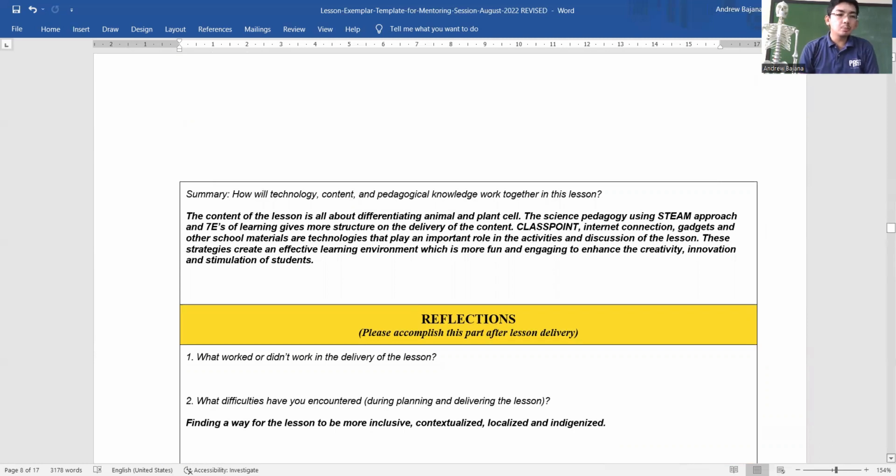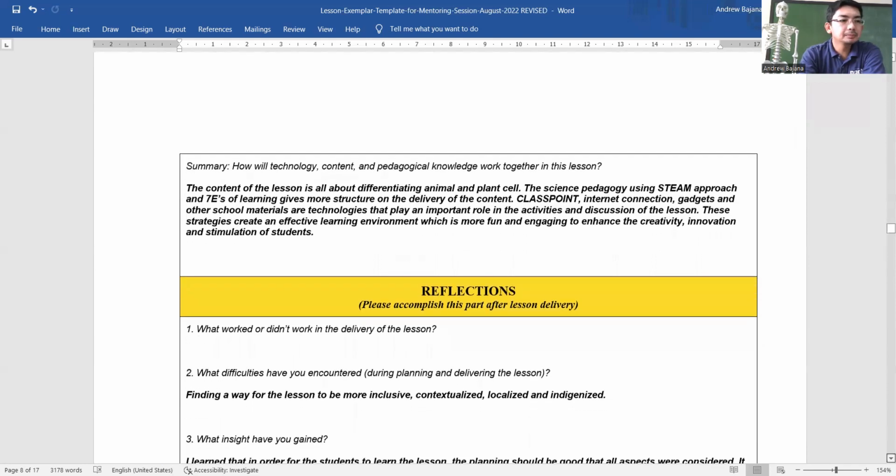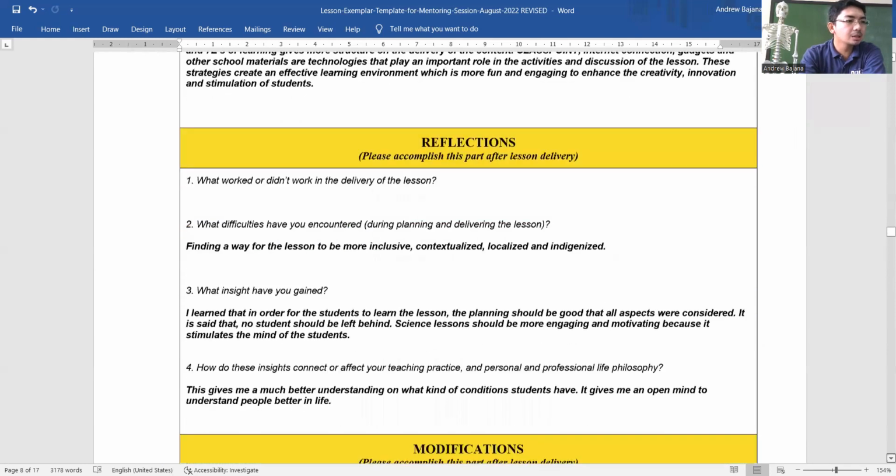The use of ClassPoint, internet connection, gadgets, and other school materials or technologies plays an important role in the activities of discussion. These strategies create an effective learning environment which is more fun and engaging, to enhance the creativity, innovation, and stimulation of students.